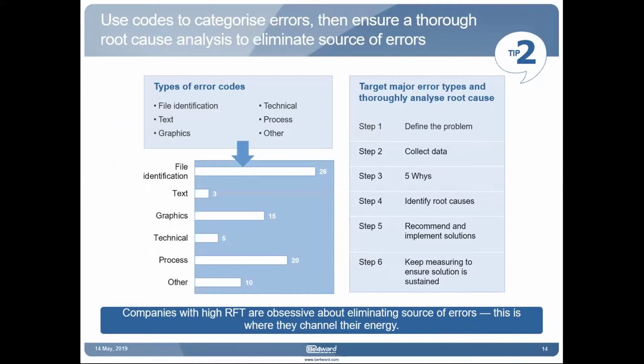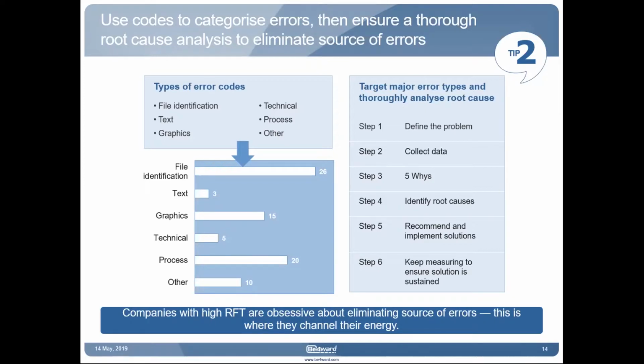So what we would recommend here is that you categorize the types of errors that you've got so that you can see which categories of errors are giving you the biggest count of failures. So on the left-hand side here, you can see that by using some different error codes, you can start to chart, we've had this many failures in right first time because of a source text issue, or we've had this many failures because someone has done something around the file identification wrong, or whatever you think those error codes are appropriate.